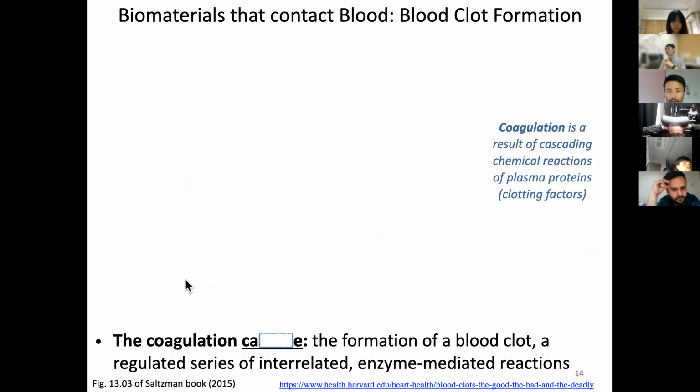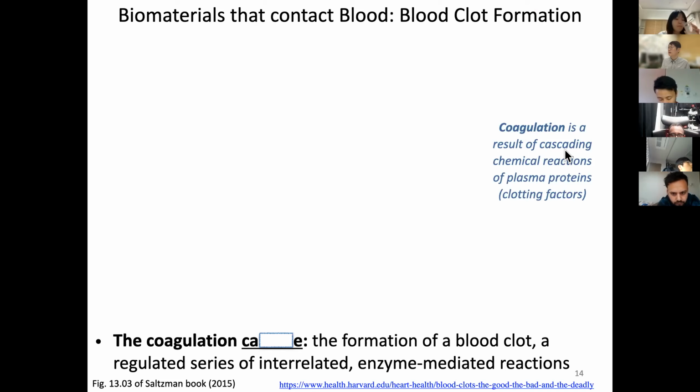Another aspect we have to consider is this kind of biomaterial, which is in contact with the blood. The problem is blood clotting, and clotting is a big issue we have to know about. The process of blood clotting is in fact very important. It led to multiple Nobel Prizes. So what is coagulation?